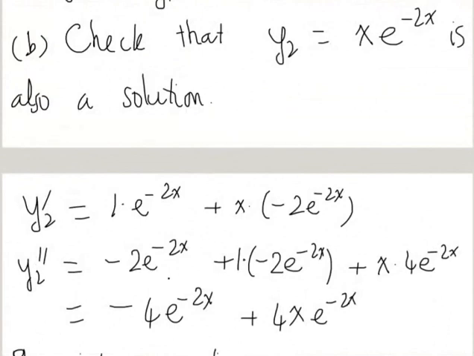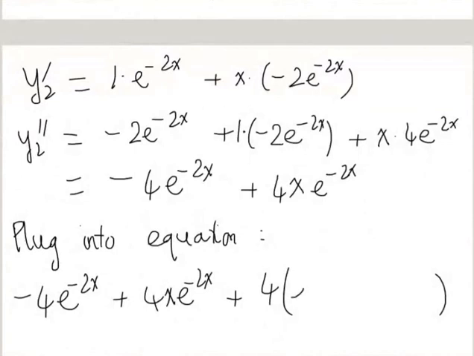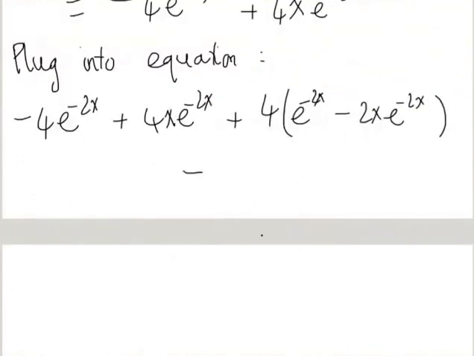First derivative is right here. We have e to the minus 2x minus 2x e to the minus 2x. And lastly, we need to add 4 times the function, which is x e to the minus 2x in this case. And we want to know, does everything cancel out to get 0?